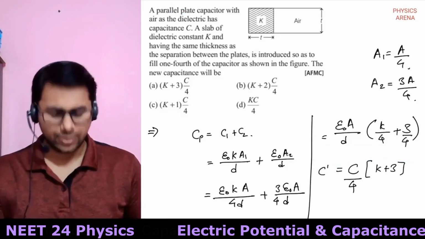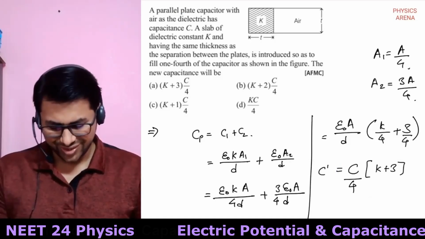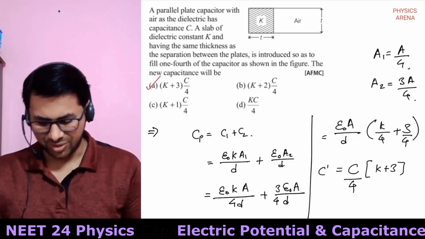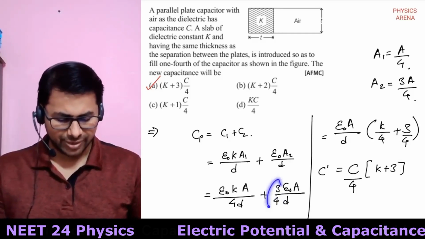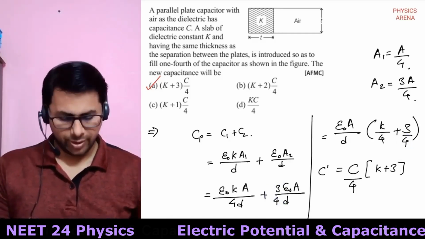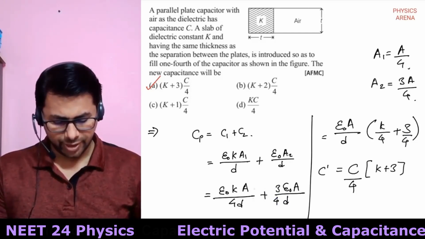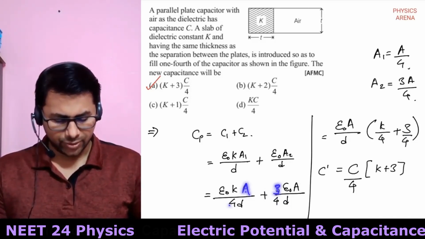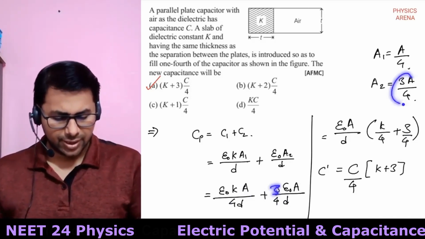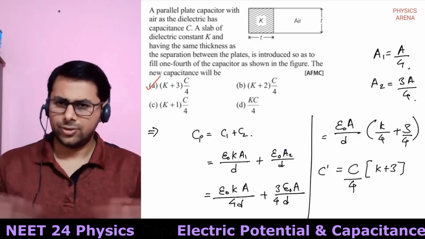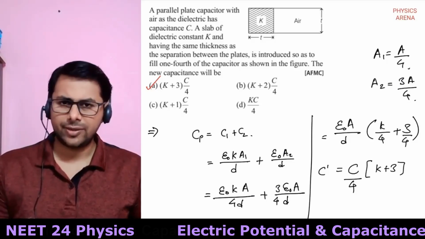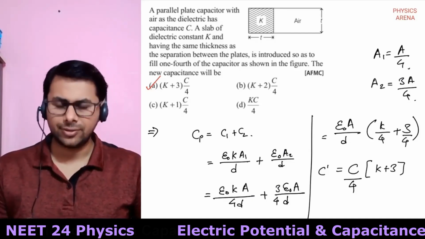This is option A. I didn't take this 4. Here I wrote A by 4, here I wrote only 3, so it will be 3A by 4. A2 is 3A by 4. So this is clear. This is simpler compared to the last one.